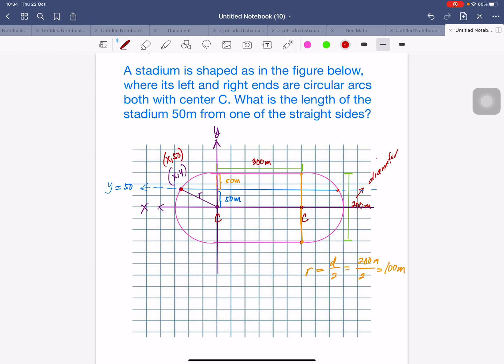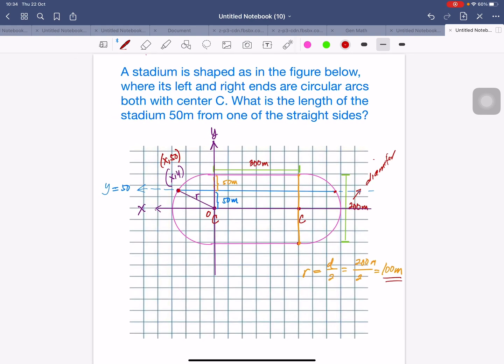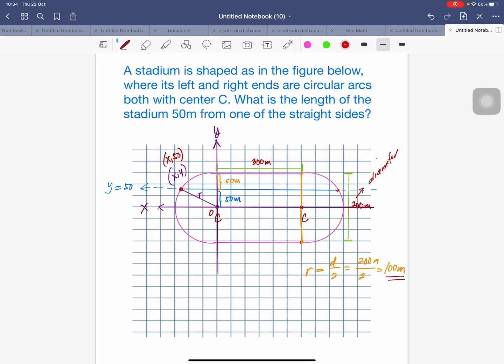Now, given the radius r, which is equal to 100 meters, and the center at the origin (0, 0), we will be able to find the value of x. Let's have our equation for the circle, the standard form when the center is at the origin: x squared plus y squared is equal to r squared.